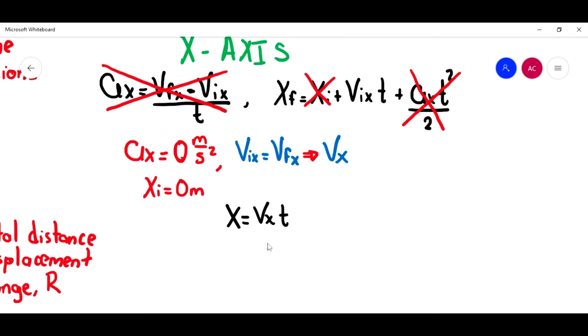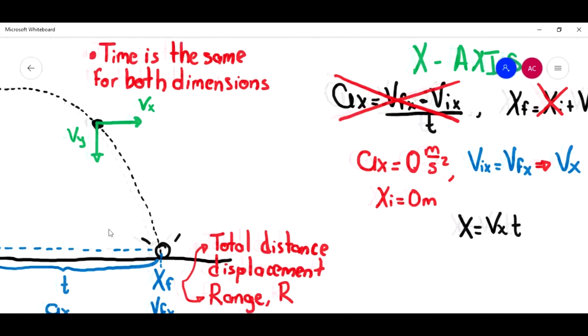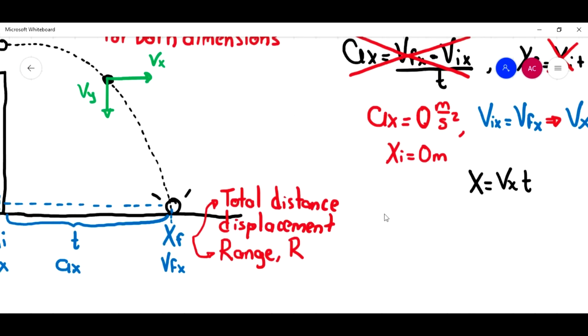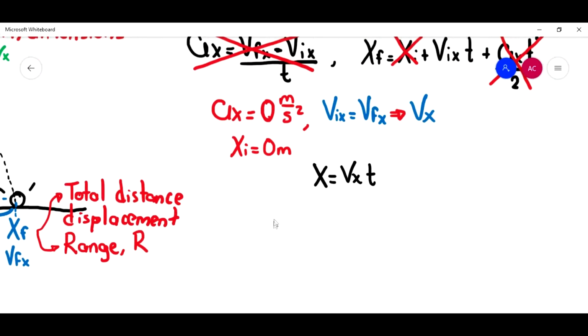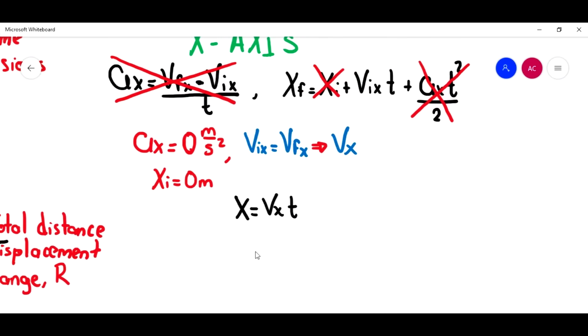the time. If you see, I didn't write final position in x because I can find the position in x at any given time. I can find it here, or here, or here, or over here. So this equation is to know the position at any given time, and I'm talking about the position in x.